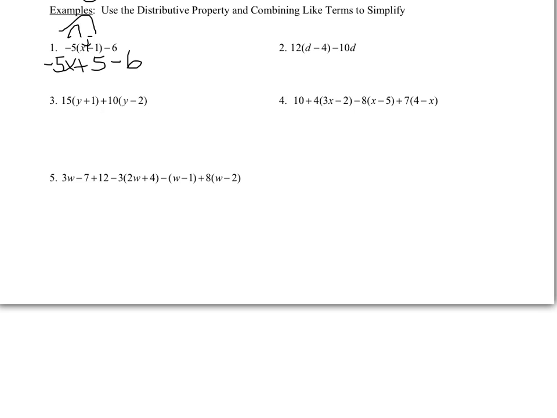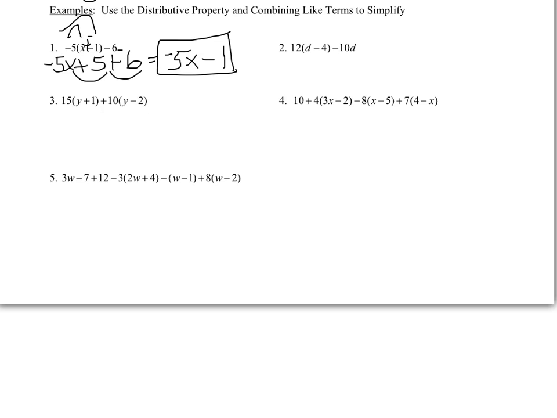Well, there's no other x's to combine this negative 5x with. So negative 5x is going to stay the same. And we got to think of this as 5 minus 6, or plus a negative 6, which would give us plus a negative 1 or minus 1. You could write it either way, and that would be your answer.